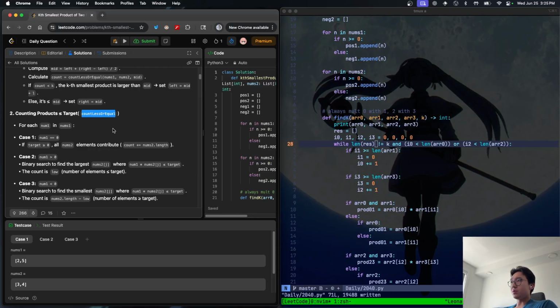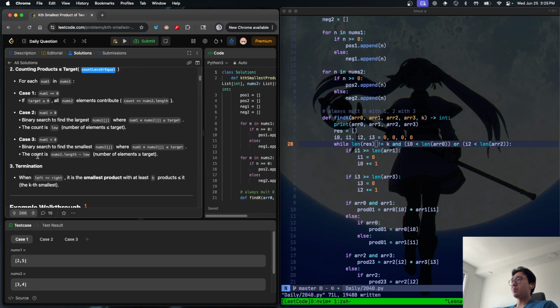Case 2, num1 is greater than 0: binary search to find the largest nums2 element such that the product is less than or equal to target. This counts all of them. Case 3, num1 is less than 0: then binary search to find the smallest nums2 index j where the product is less than or equal to target.